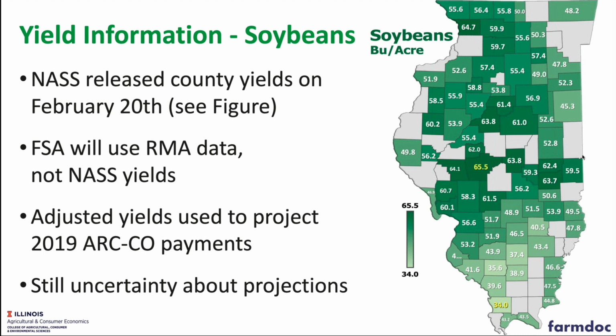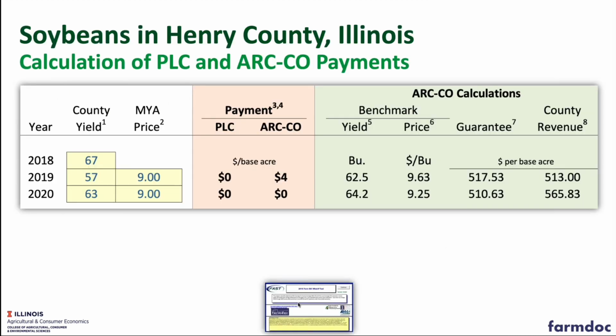So we took these NASS yields, adjusted them, and for non-irrigated all series, we found that 85% of the observations were within 2.5 bushels of the NASS yield. There's still some uncertainty about these projections that we're going to show next as far as ARC County payments, but we're probably narrowing in more on those soybean payments.